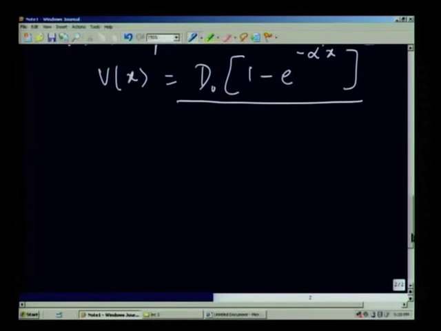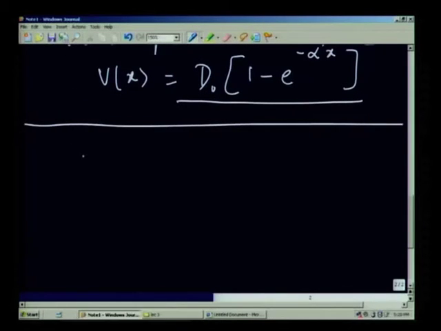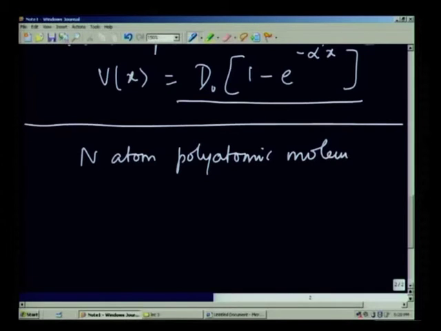So considering these, for an n atom polyatomic molecule, there are 3n degrees of freedom totally.